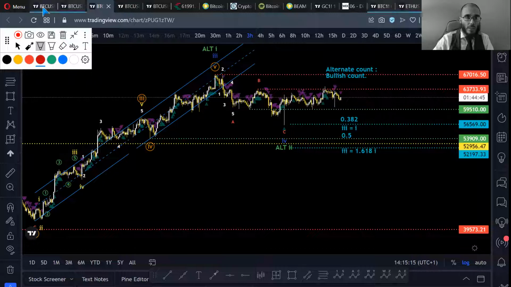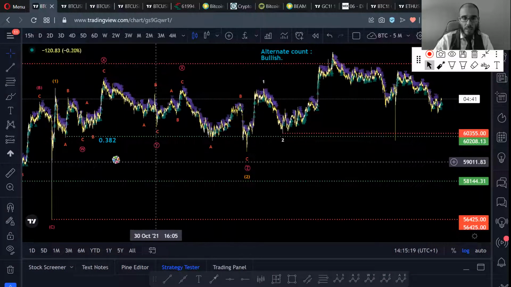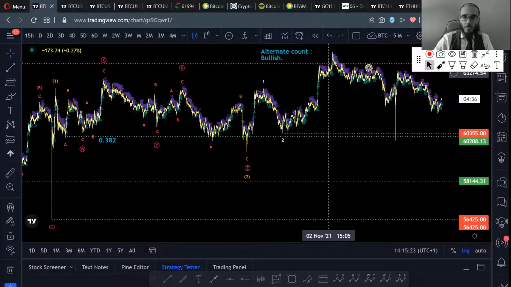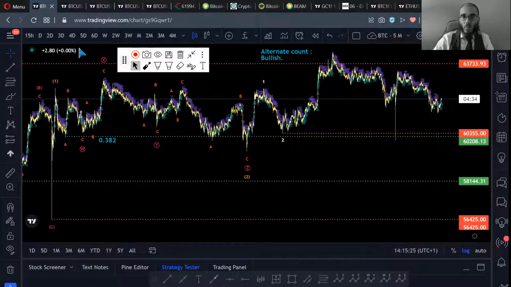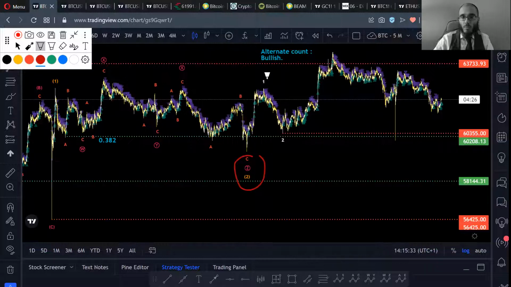And now let's take a look at the smaller time frame so that I can explain to you more why it is unlikely. On the bullish alternate count, I was hoping for an impulse wave that started here. So I thought you could have a 1-2 and then a subdividing 1-2 again and higher.